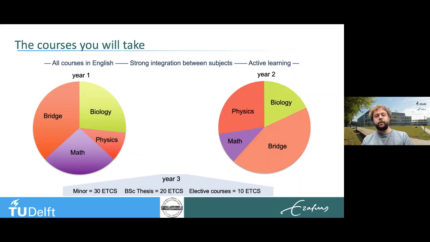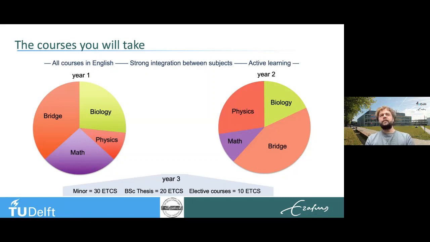One is a minor of 30 ECTS. A minor is half a year of courses and projects that you can choose yourself. So there are many minors, and students are free to choose their own minor. Then there are elective courses worth 10 ECTS, and these are courses that you can choose based on your own interests.